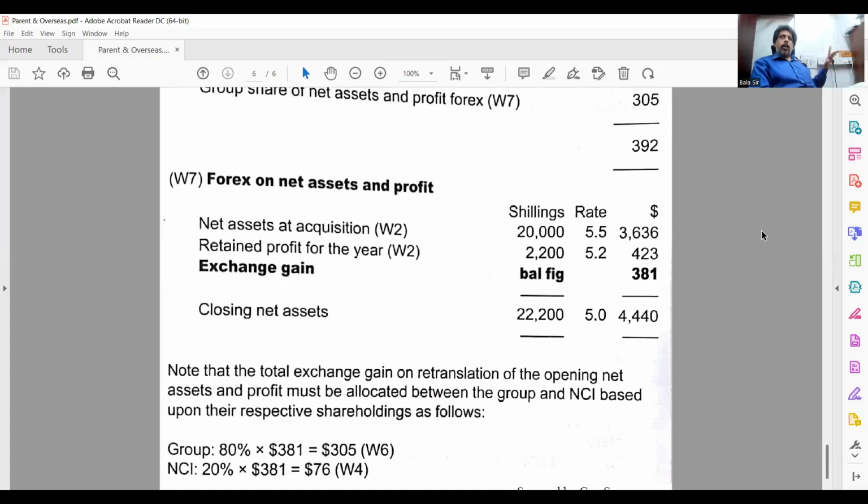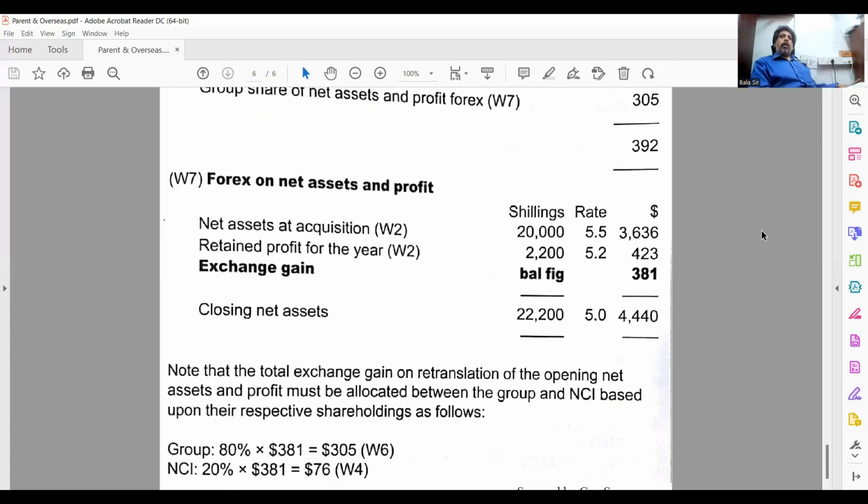Now, what is the first line? Net assets at acquisition date: 20,000 shillings, which includes even the 4,000 increase, right? The exchange rate is 5.5, and that gives 3,636. This is the net assets at the start of the year.